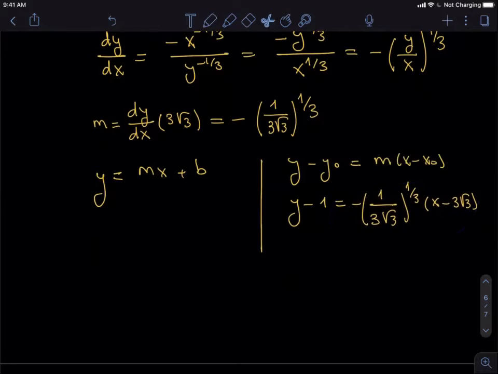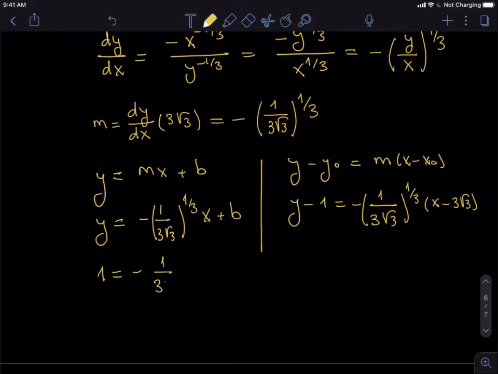The alternative is to just write y equals minus 1 divided by (3 square root of 3) to the power 1/3 times x plus b. And then use that the point is (3 square root of 3, 1).